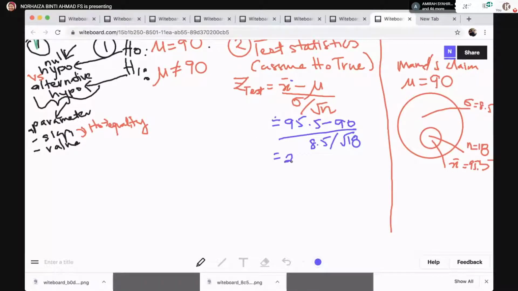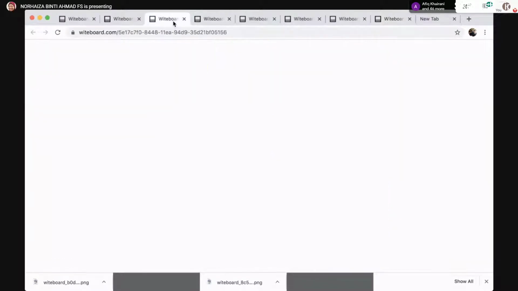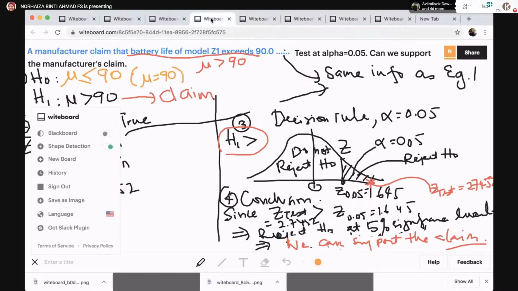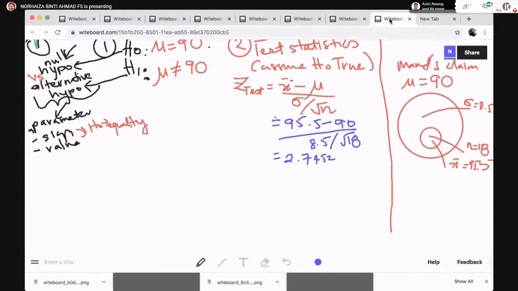You should be able to get the value of 2.7452, I think. So that is the value of your test statistic based on the information from your sample. X bar you get from here, sigma you get from here, n you get from here.